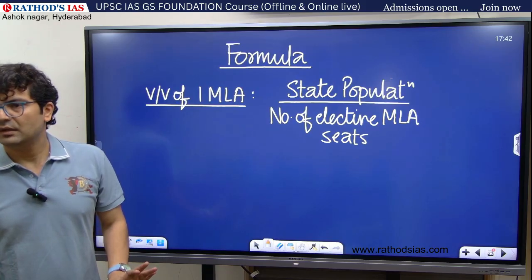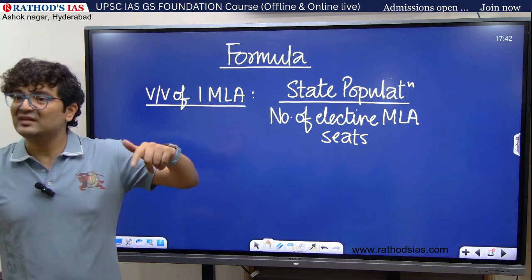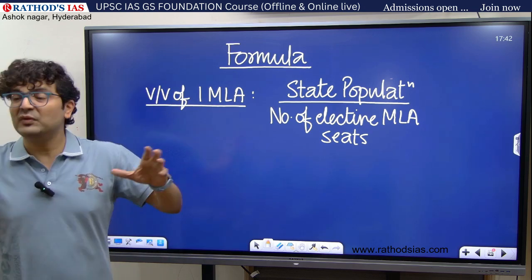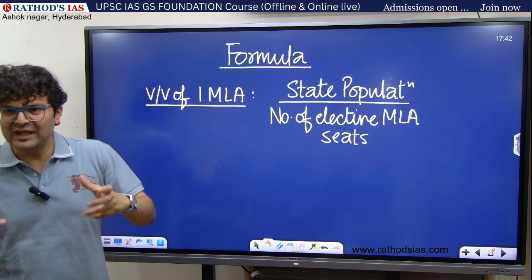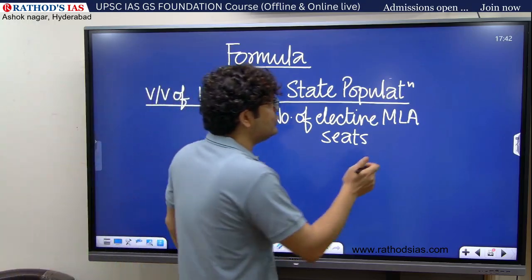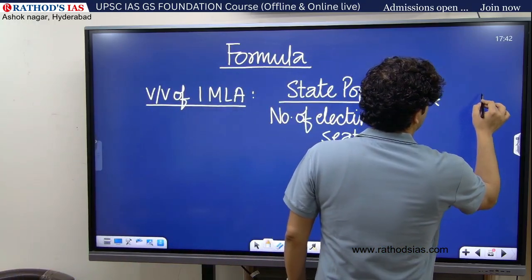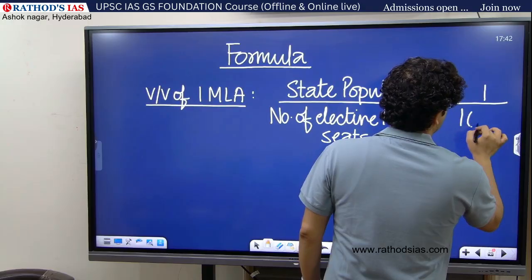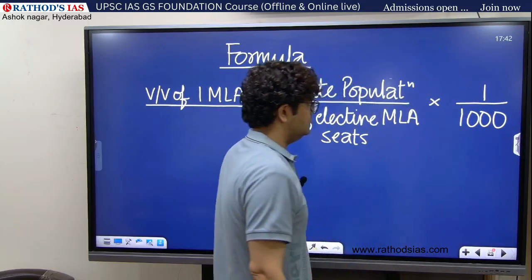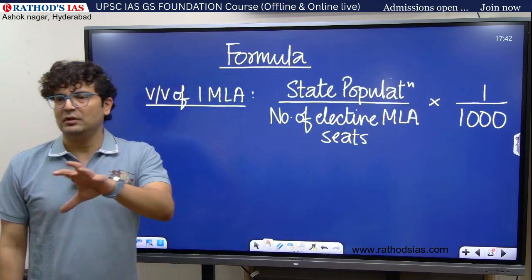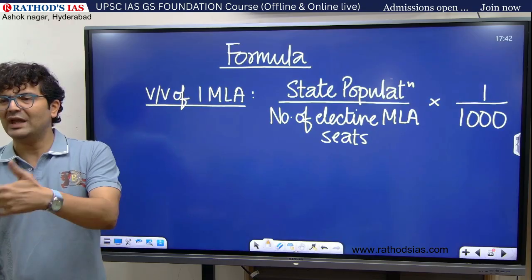All okay? But the state population runs in crores. So this number becomes very large. So to make it more manageable, what we do is divide this by 1000, meaning we multiply by 1 by 1000. So this number becomes small, easy to calculate and manage.